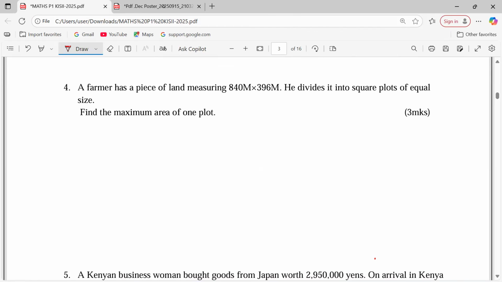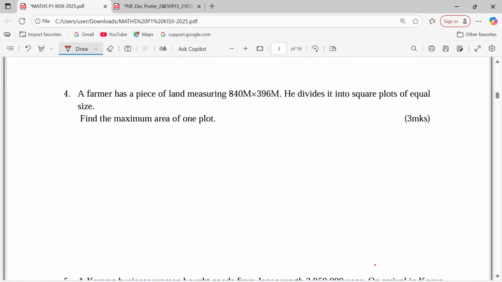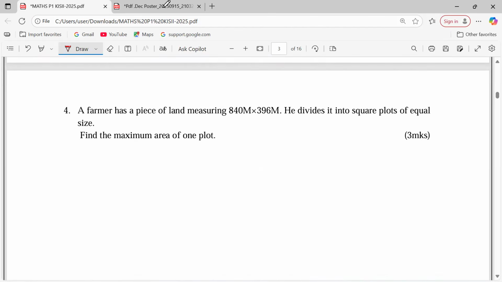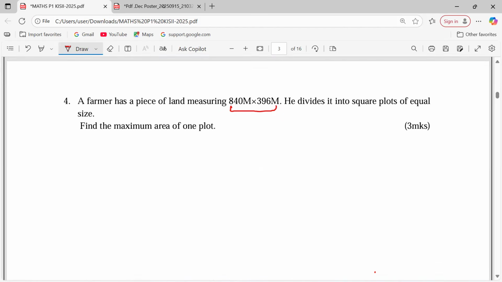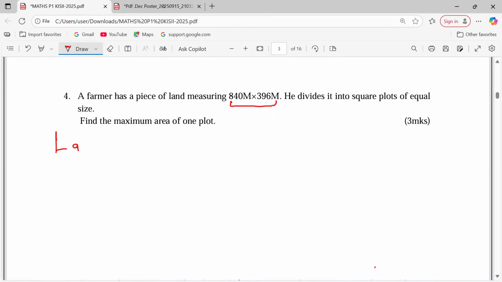Let us find the dimensions of the square plots into which the particular land, which is rectangular in nature, is going to be divided. We are supposed to know this: when we are dividing measurements of a land into plots, then we shall talk about the GCD.